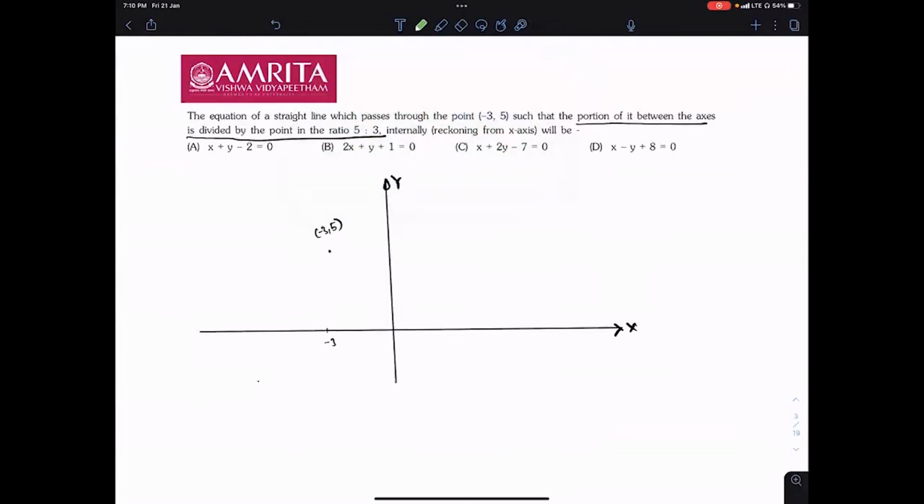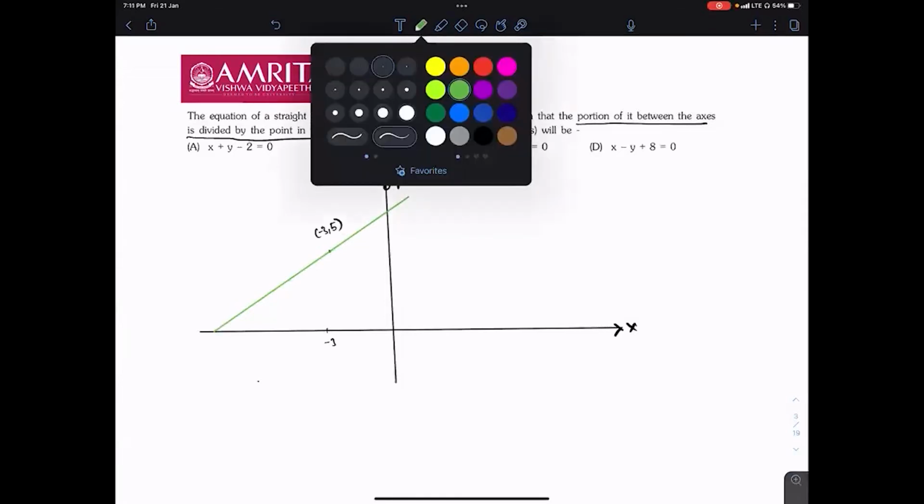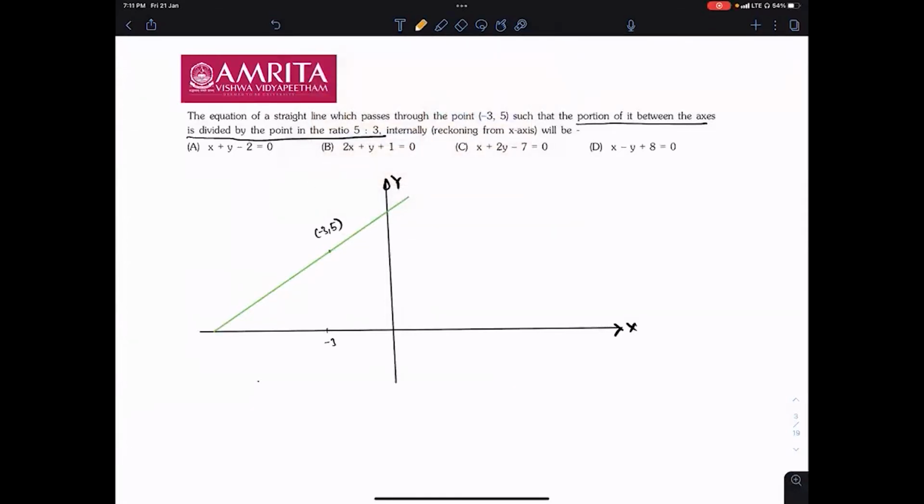See, the equation of a straight line passing through (-3, 5), there will be infinitely many such straight lines. But we are looking for one such straight line such that the portion of it between the axes is divided by the point, which point?